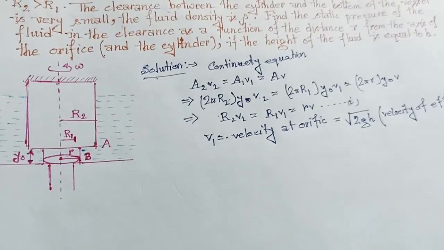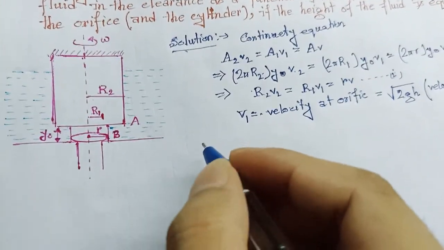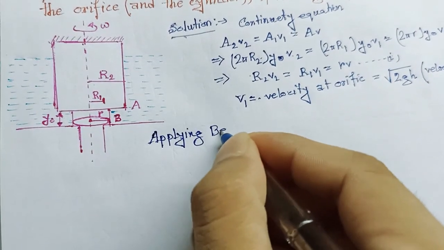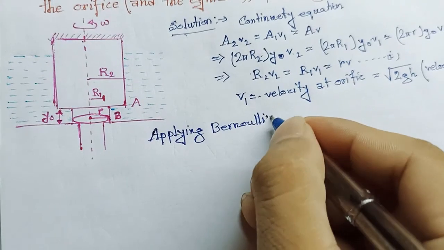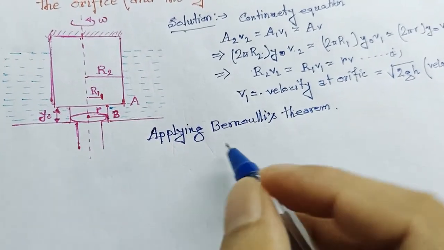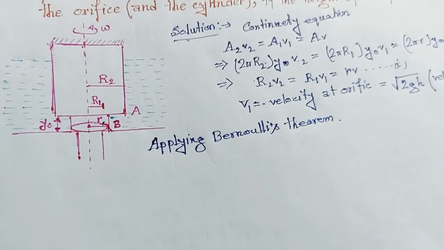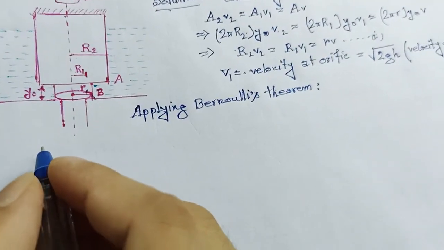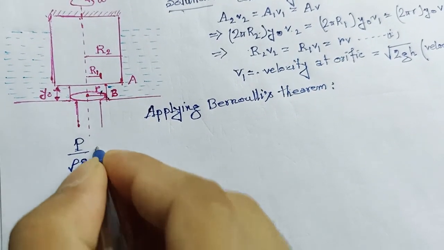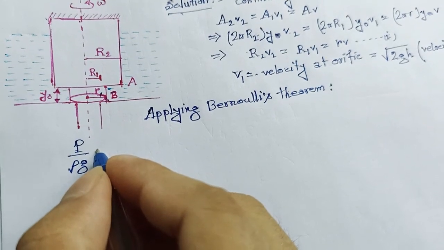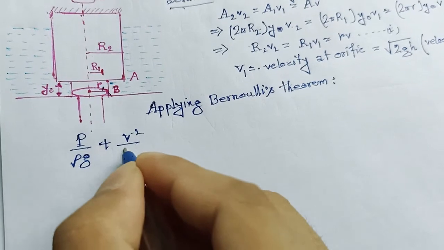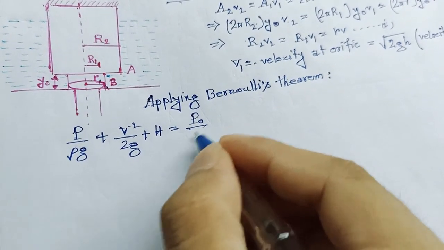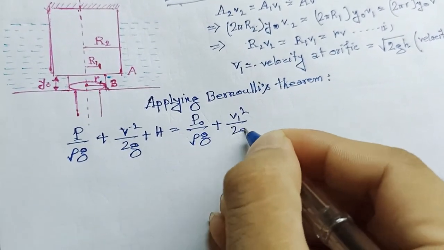Now again we'll apply Bernoulli's theorem at sections B and A. From the Bernoulli equation we get P divided by rho g, where P is the pressure at B, plus v square divided by 2g plus h, will be equal to P naught divided by rho g plus v1 square divided by 2g plus h.